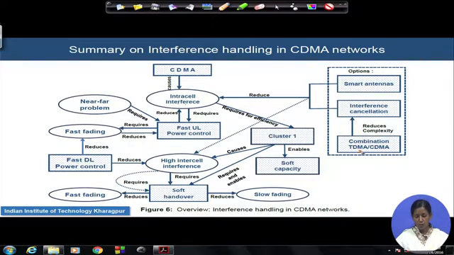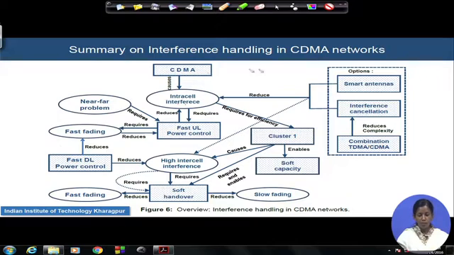This combination of TDMA and CDMA also helps to reduce the complexity of the MUD architecture, because if I use TDMA, then the number of multiple users whose detection and hence cancellation is required can be restricted; it can be reduced if I combine TDMA with CDMA.